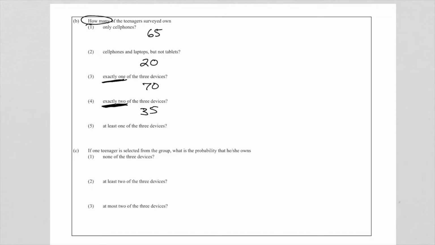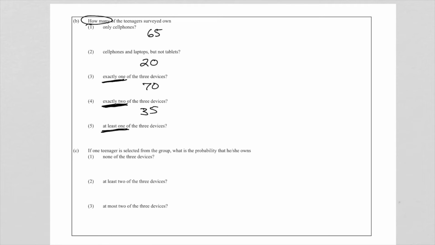So it's very important that you are aware of what exactly they want. There's the big difference between how many and probability. Remember, probability, we must divide with the sample space. So in this one, we read that at least one of the 3 devices. Now, you must be very careful with the language here.